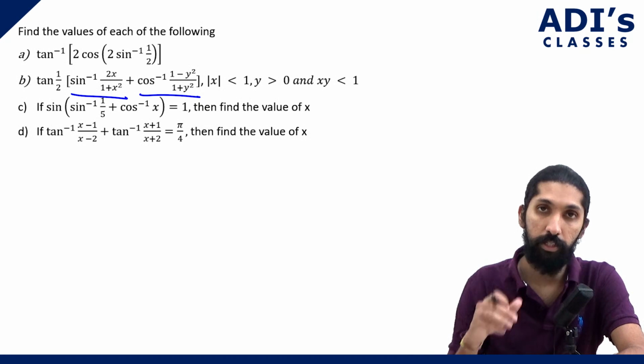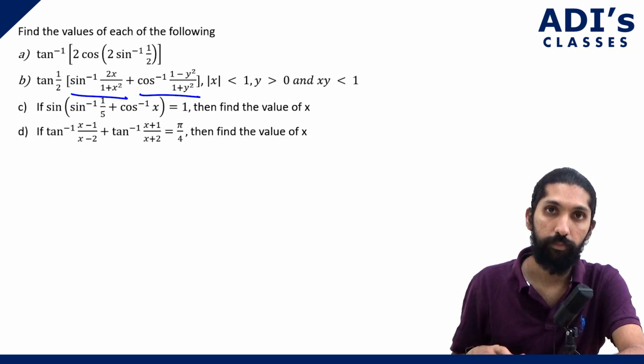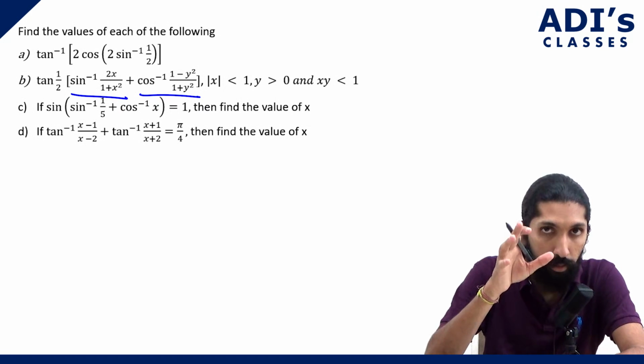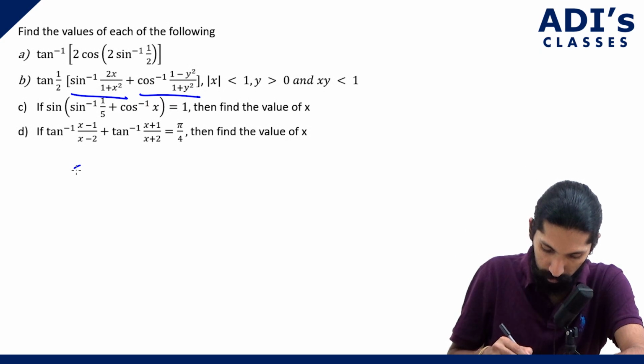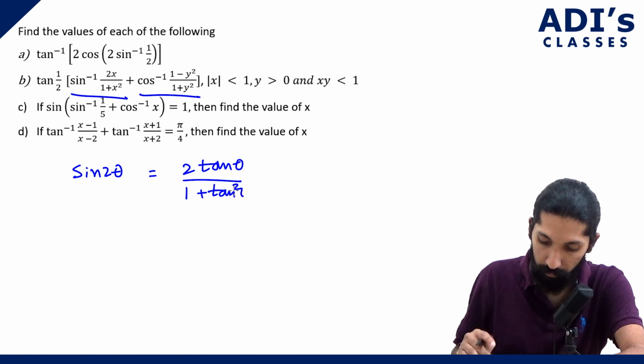Let's do a simple substitution. If you remember, last year you learnt the formula for sin 2 theta in terms of tan. Sin 2 theta was 2 tan theta by 1 plus tan square theta, right?